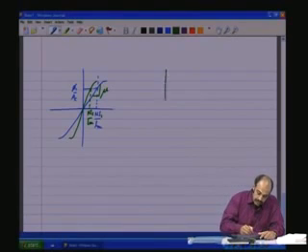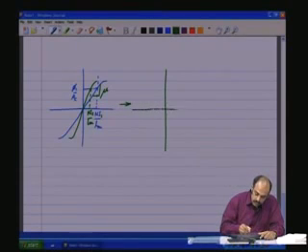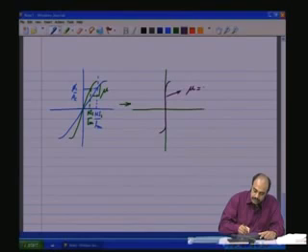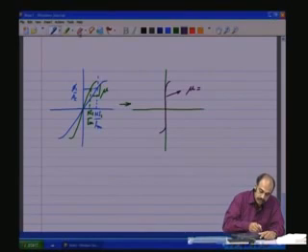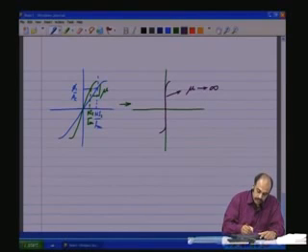So, in the limit, this will tend to be almost vertical like that. So, this has a mu which is tending towards infinity, this being the BH curve.